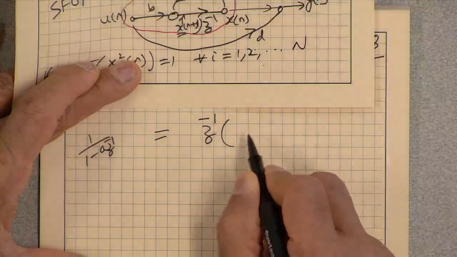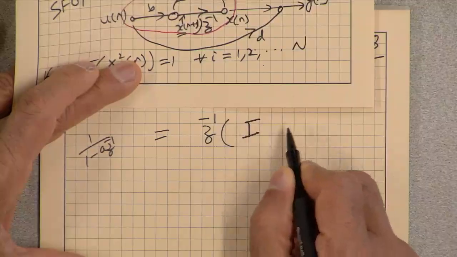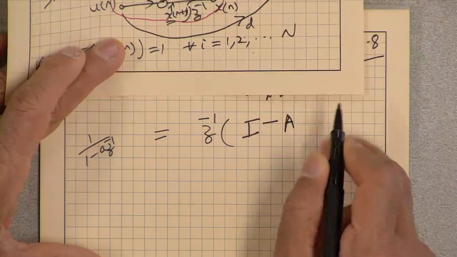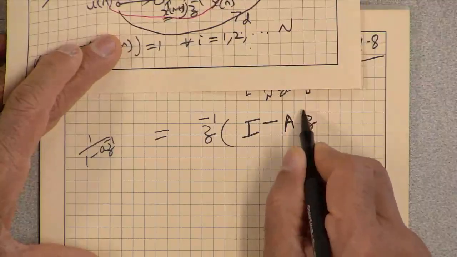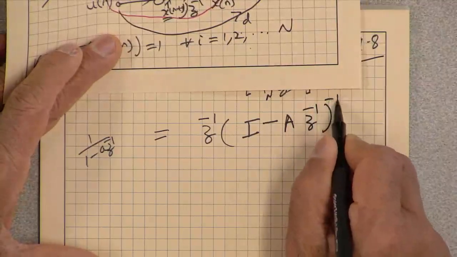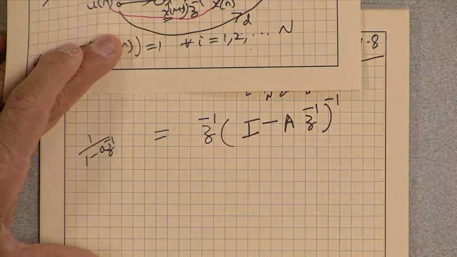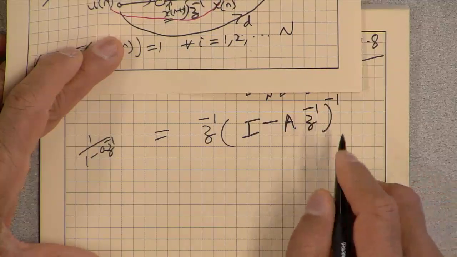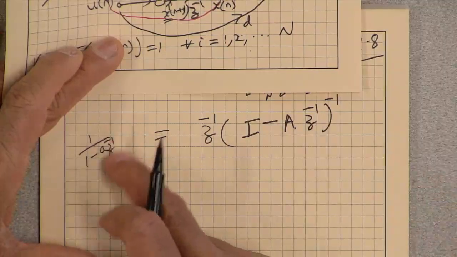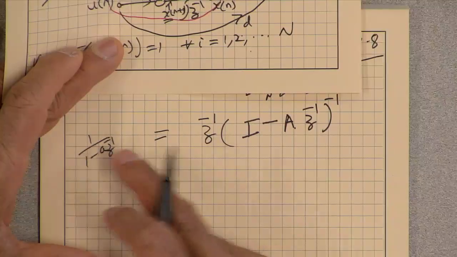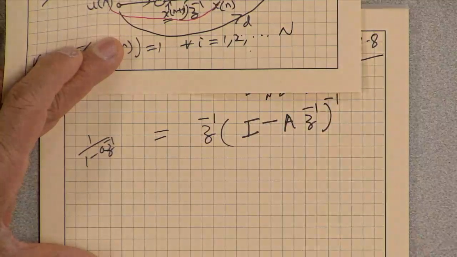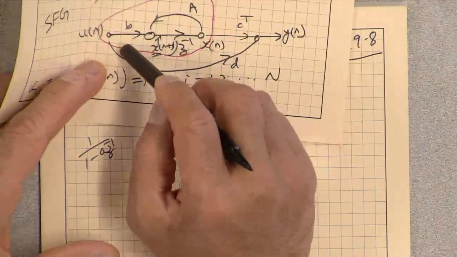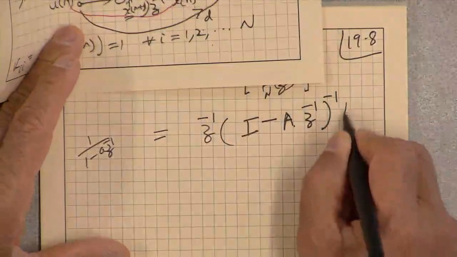So I can write this as I, the identity matrix of dimension n, minus the matrix A times z to the power minus 1, inverse of that. This is n by n, this is also n by n. Instead of a scalar expression, we take the inverse of that matrix multiplied by b.